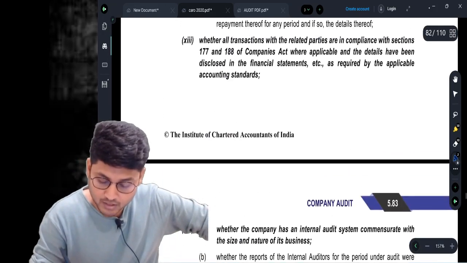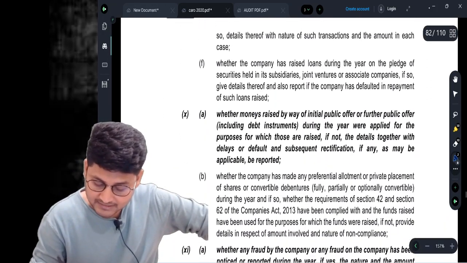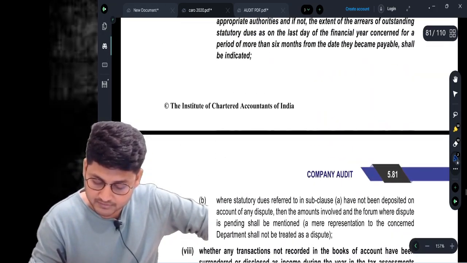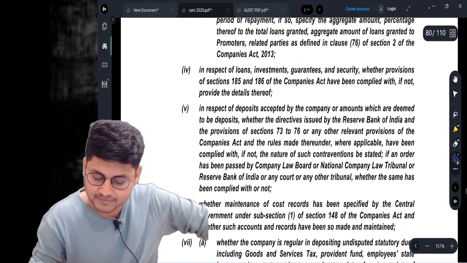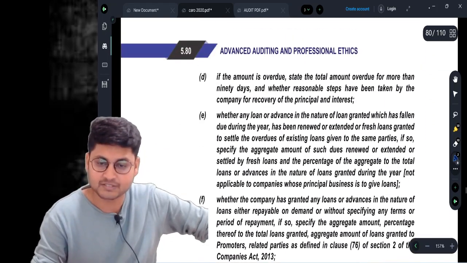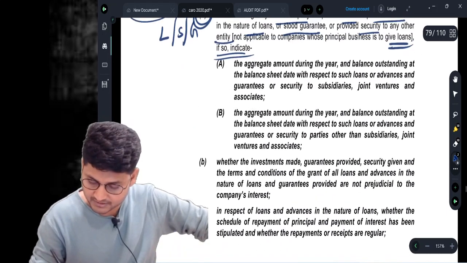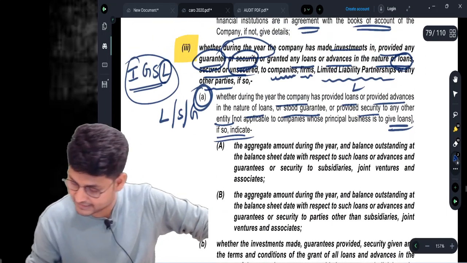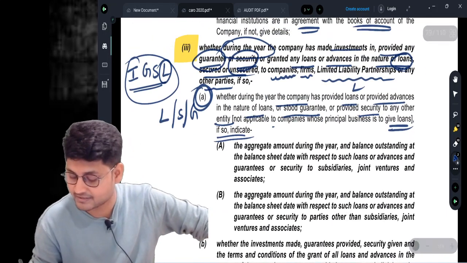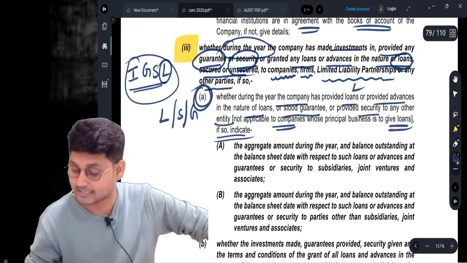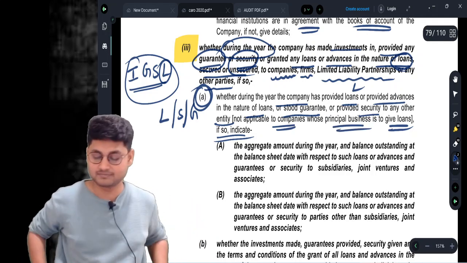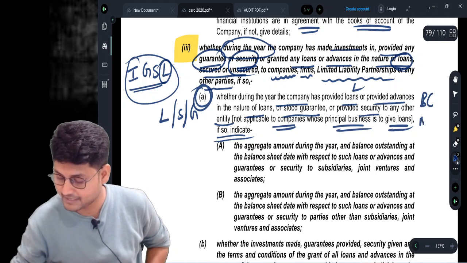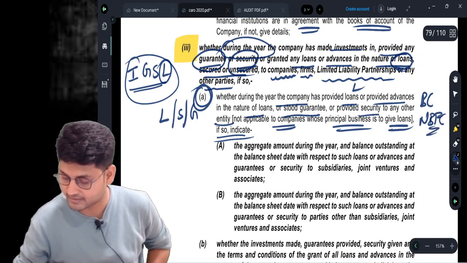So now clause number 3, it is talking about what? For normal companies other than banking company and NBFC, because here subclause A is talking about only those companies other than those whose principal business is giving loans. So banking companies and NBFCs are not covered here.